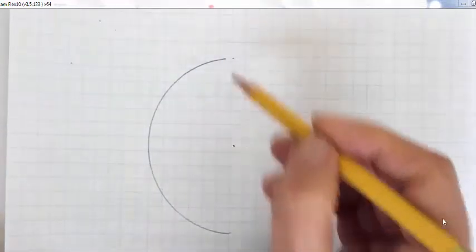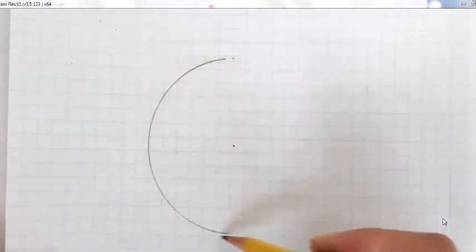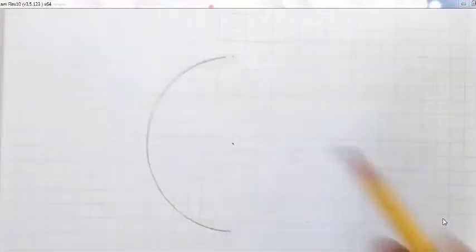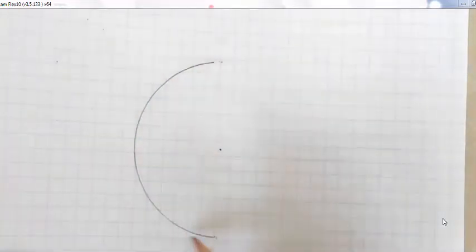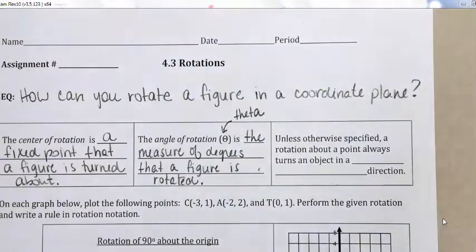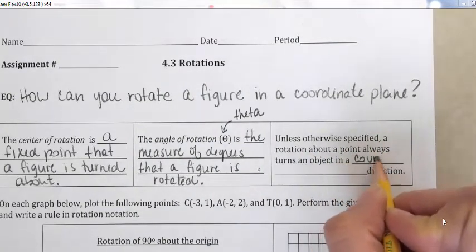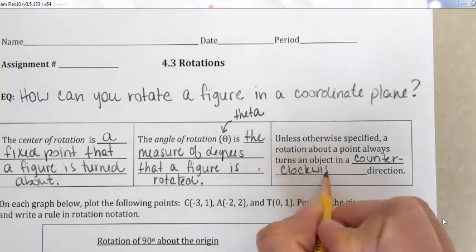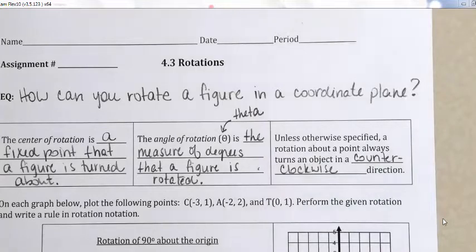And so going from this point up here down to this point here, the angle of rotation is 180 degrees, right? Starting here, ending down here. Okay, now unless otherwise specified, a rotation about a point always turns an object in a counterclockwise direction. So if you go clockwise, that's actually going to be negative degrees. And we'll talk about that in a little bit.